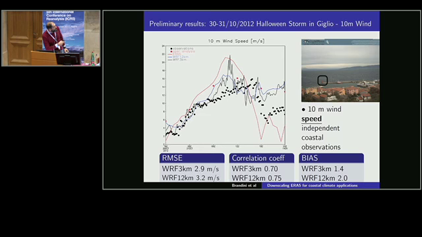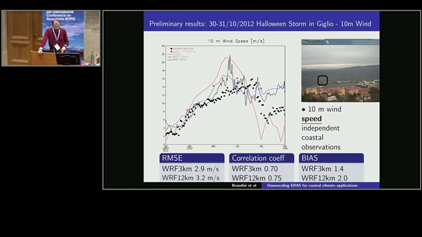The red dots are the operational ECMWF analysis. Then the red curve is the ICR5, the blue curve is the WRF 12 kilometers simulation, and the black curve is the higher resolution WRF simulations.